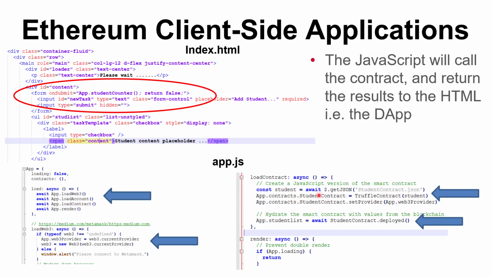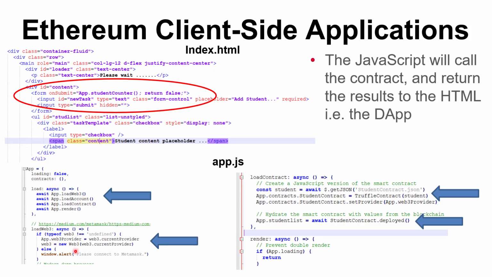You can see here how it's actually running commands very similar to the Truffle console. And Truffle actually gives us a lot of this. If we didn't have this, we'd have to do a lot of work on our own using the application binary interface. So this might look like a lot, but web3.js gives us a framework.